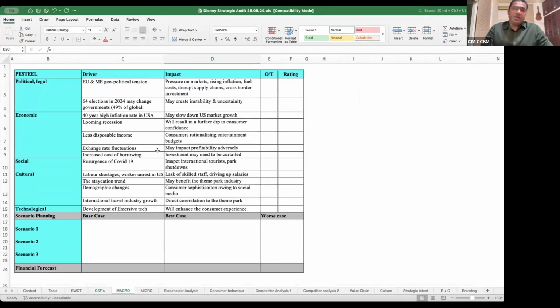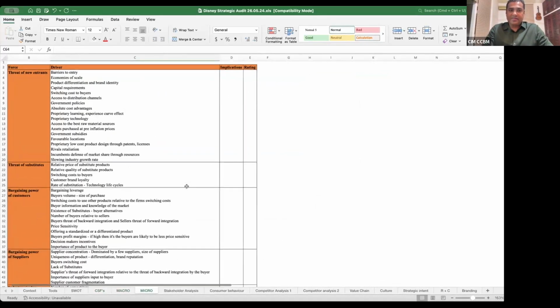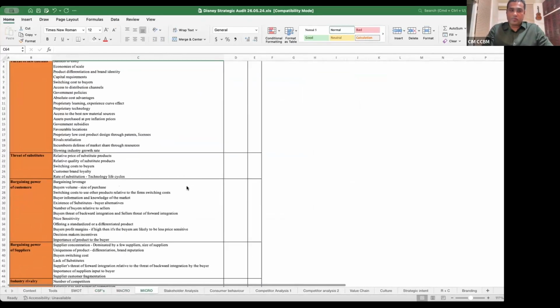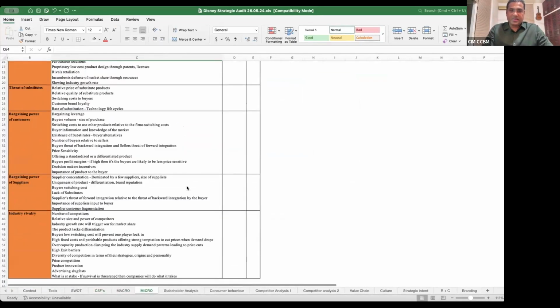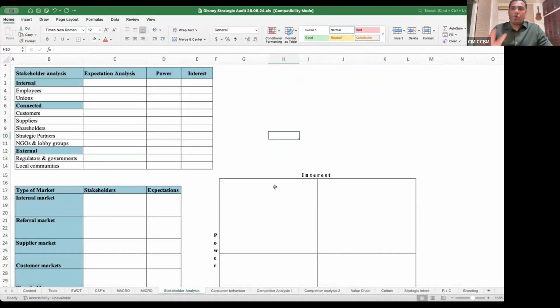We then came into a discussion of the macro environment analysis and scenario planning, which must come right under the macro environment analysis. I wanted you to do a few tools after that. The Porter's 5 Forces industry analysis. I have not done it here. I've only given you the drivers because it's a simple tool and I want all of you to deviate, to improvise, to be different.